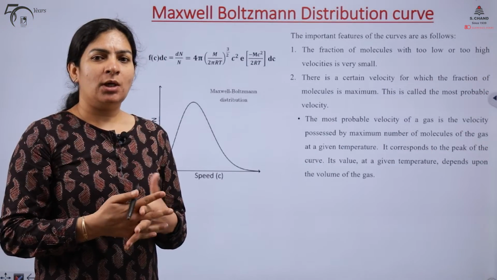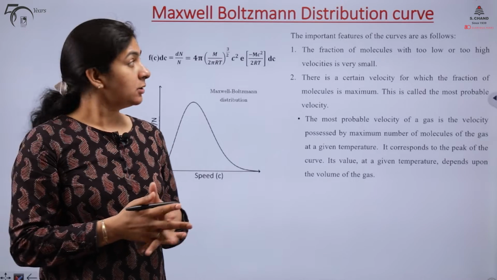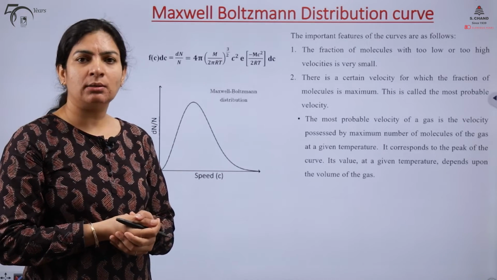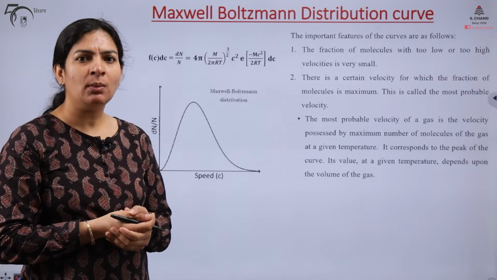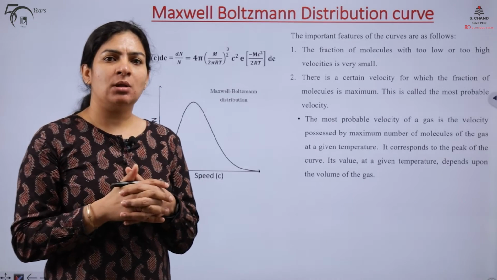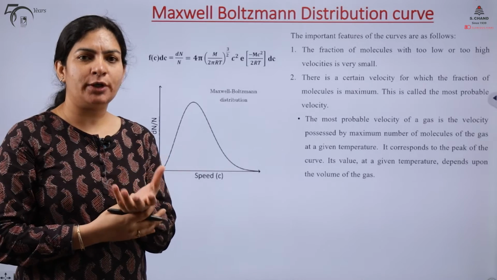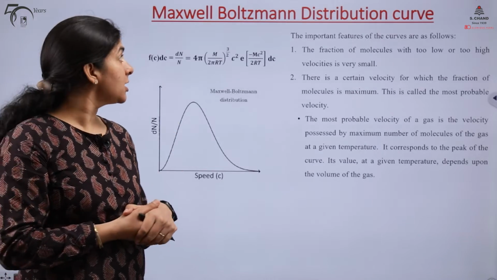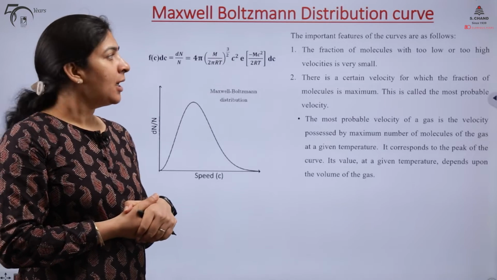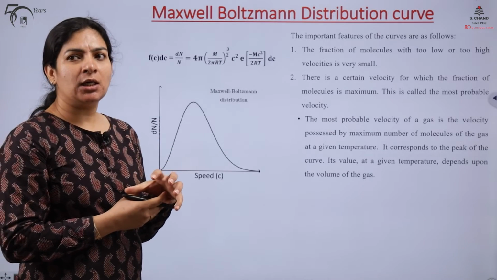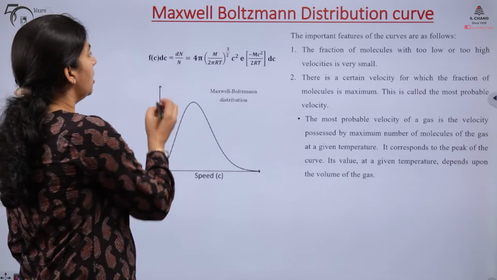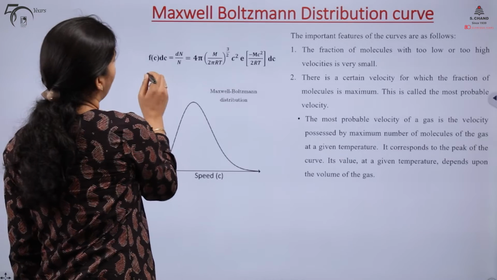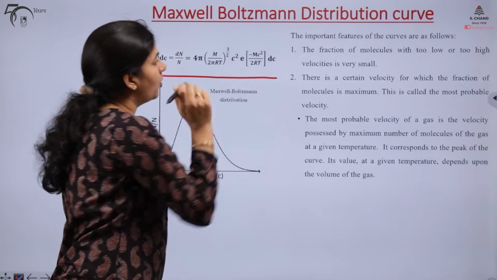So let us now have a look at the distributions of molecular velocities which the gaseous molecules follow. This distribution, the kind of motion gaseous molecules undergo, was well studied by the scientist Maxwell Boltzmann, and he gave a very famous equation in order to explain the behavior of the gaseous molecules.